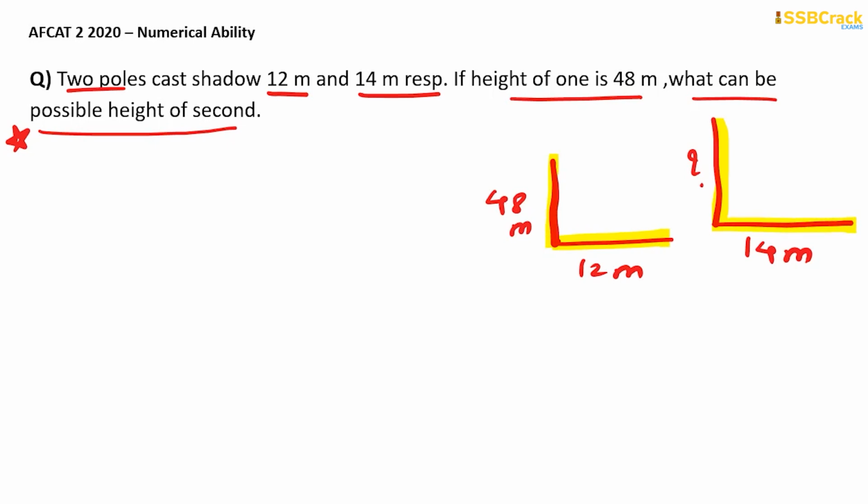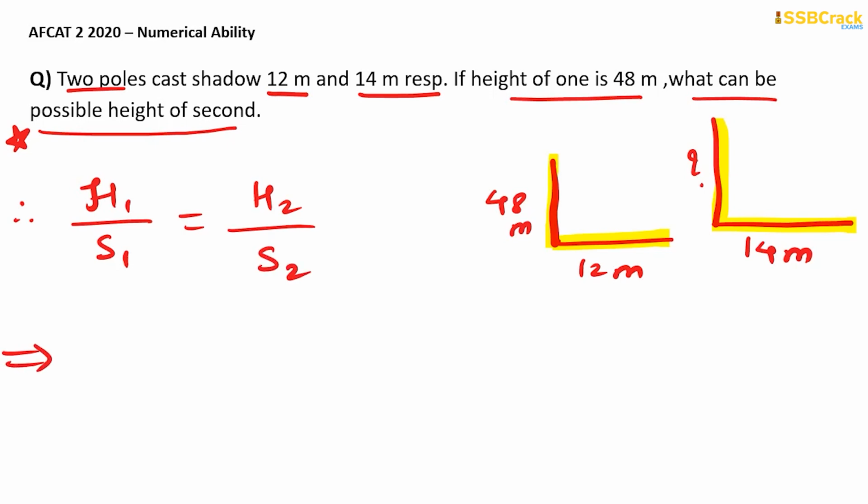So if we go by proportionality, the height is in proportion with the length of the shadow, right? So we can check that h1 by the shadow s1 has to be in proportion with h2 by the shadow s2, right?